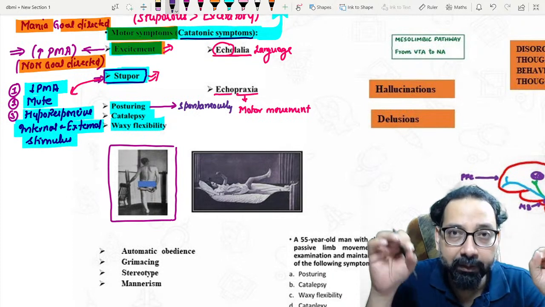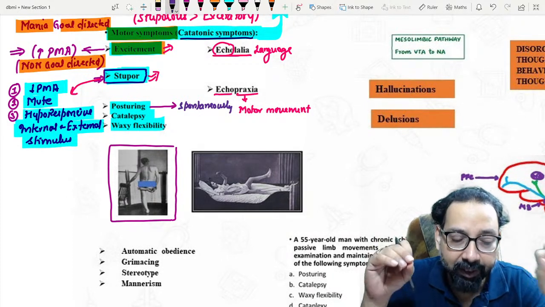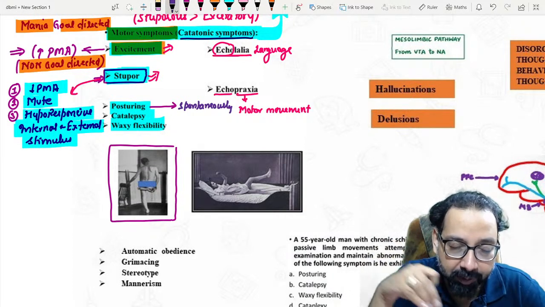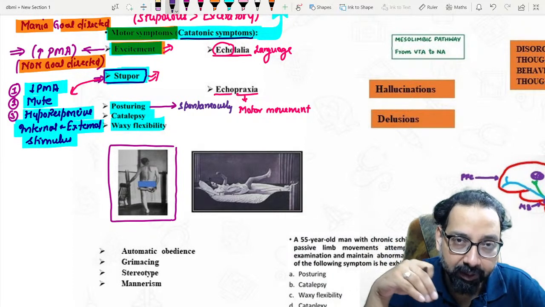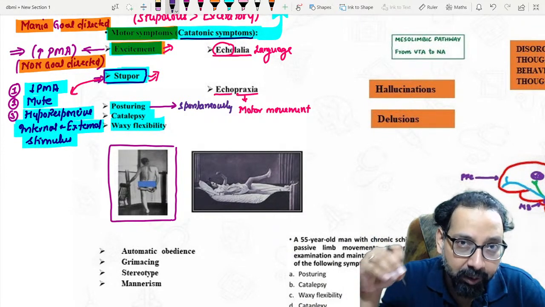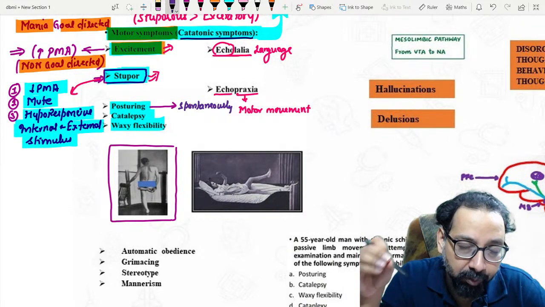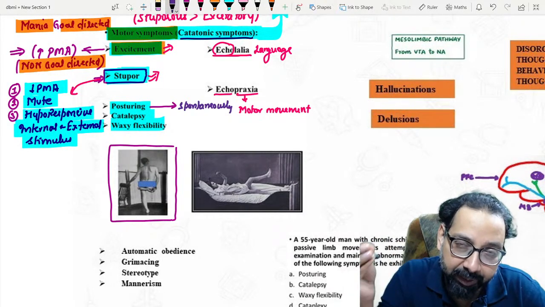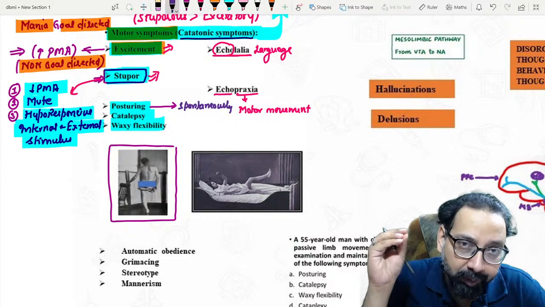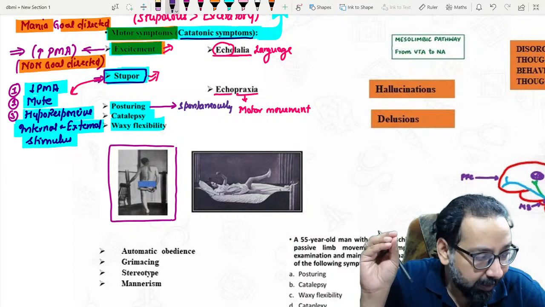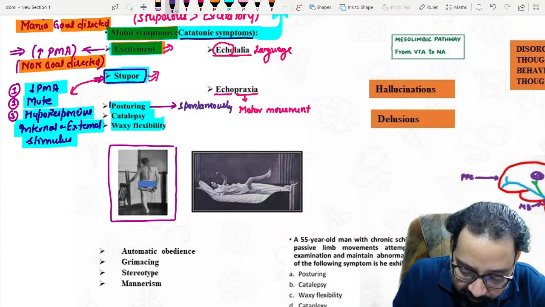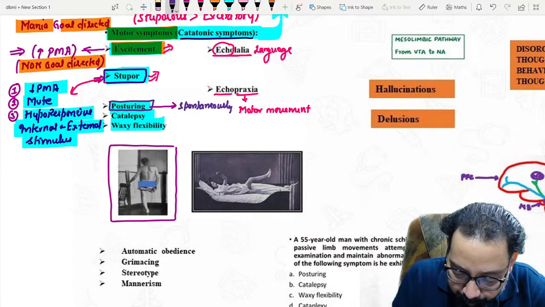They will give this picture and say that when you are taking a round of the ward, you found the patient of schizophrenia standing in this abnormal posture for long hours. He is maintaining this posture for 2.5 hours spontaneously. You are not doing anything, but you saw. This is spontaneous maintenance of an abnormal posture, and they will ask what this phenomenon is. You will say this is posturing.